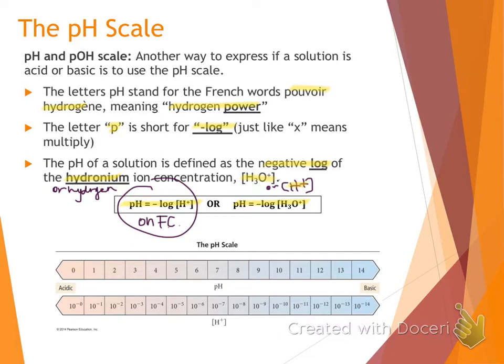So let's delve into the meaning of this pH scale, which is a log-based scale. Since it is a log-based scale, every 1 unit of change in the pH is equal to a 10 times change in the H plus concentration.